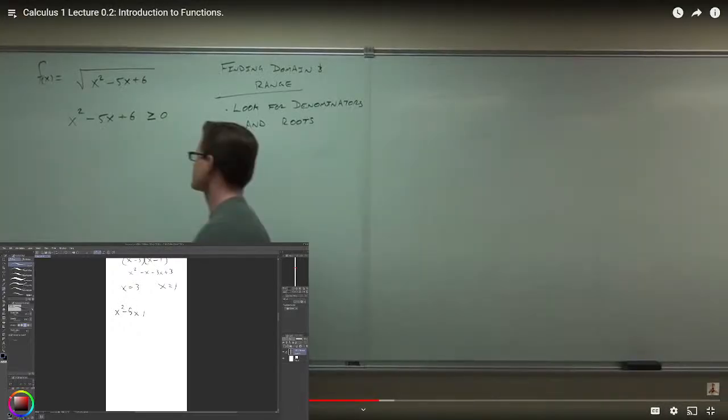x squared minus 5x plus 6. So x minus 3 and x minus 2 have to be greater than or equal to 0.